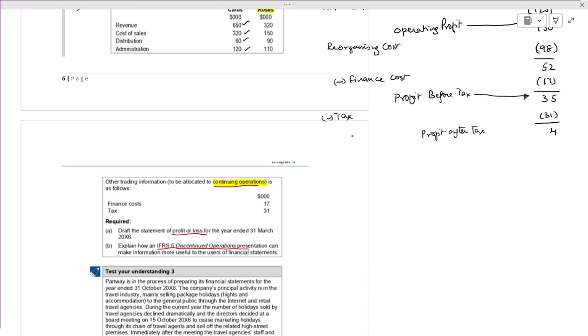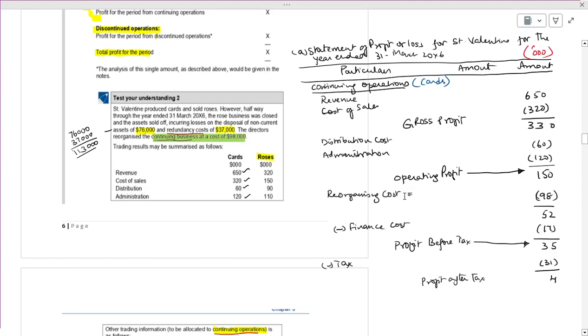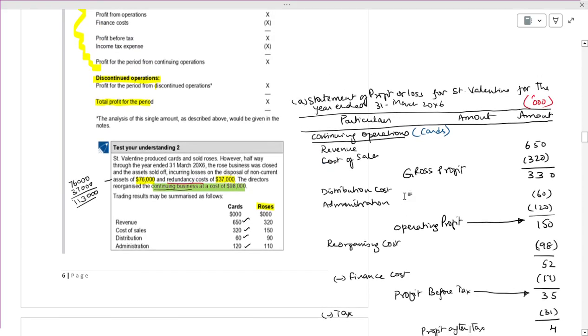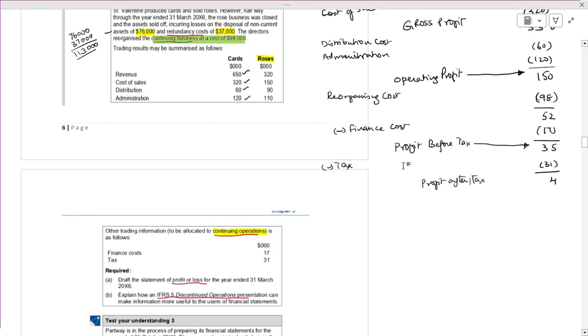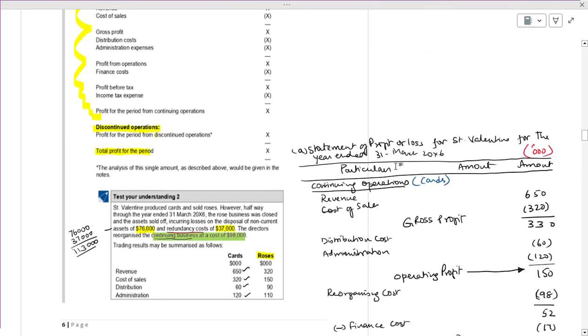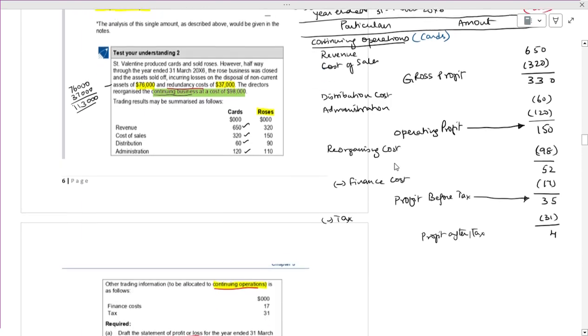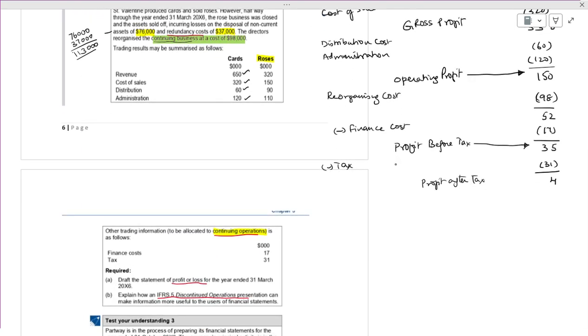Now, what we have to do? Now we have to show as per the rules. We have to show profit after tax from continuing operations.